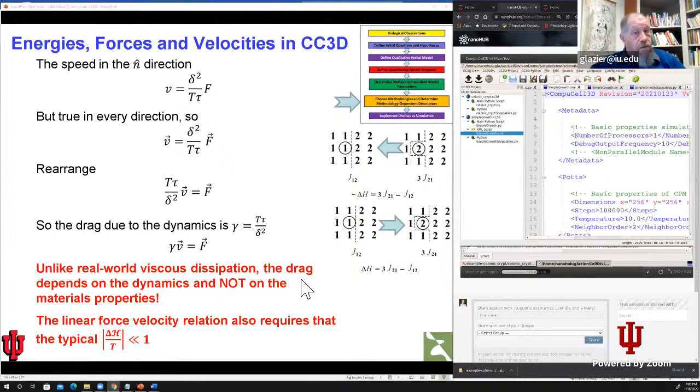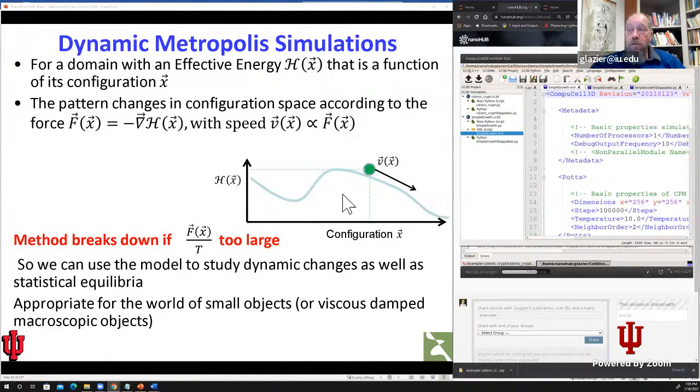And the stochastic fluctuations correspond to the reality of cytoskeletal fluctuations. And so the result is that if I have some complicated set of constraints, the system will evolve to satisfy those constraints, provided that the force is not too big compared to the fluctuation amplitude.